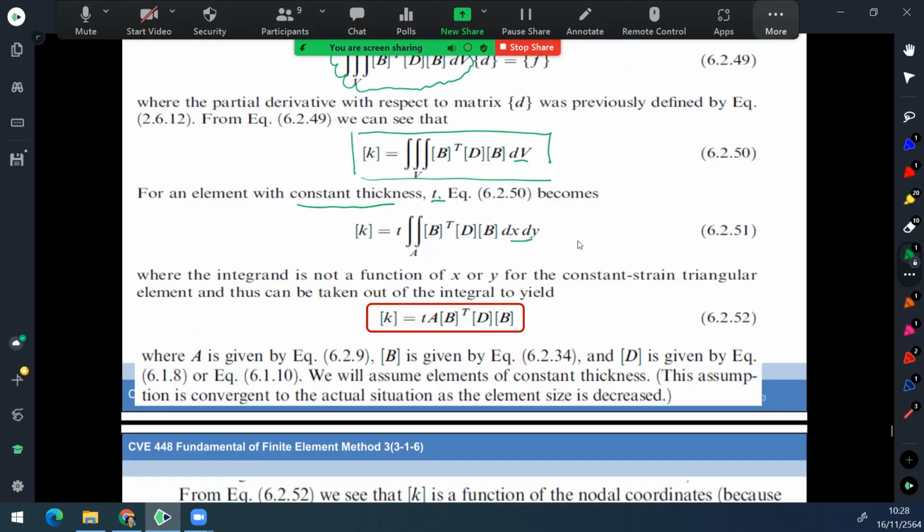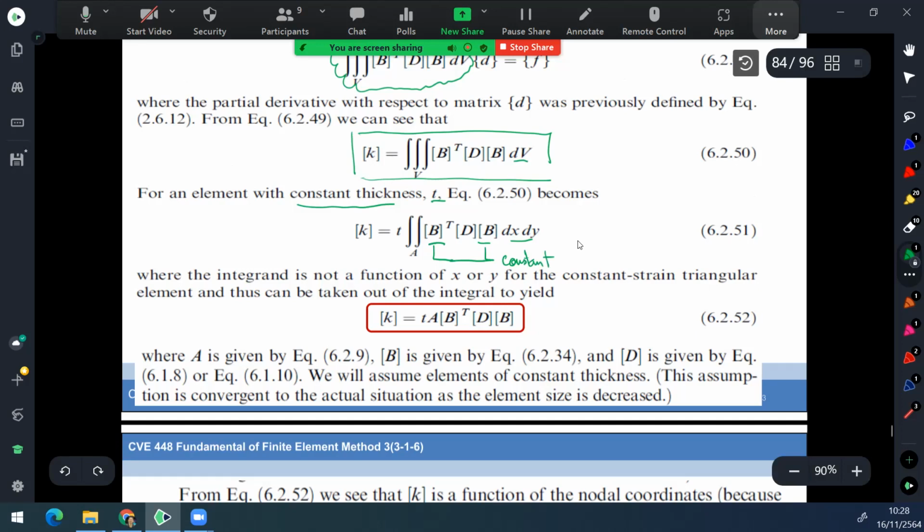And if we consider matrix B from the previous step, we will see that matrix B actually is constant. It is not in terms of x and y anymore. So this integration over area is very easy because we can rearrange it like this.